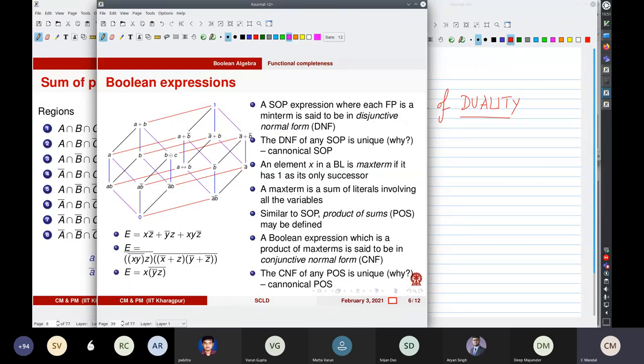Now it is easy for you to see why the canonical product of sums will be unique, and its uniqueness simply follows from the principle of duality.